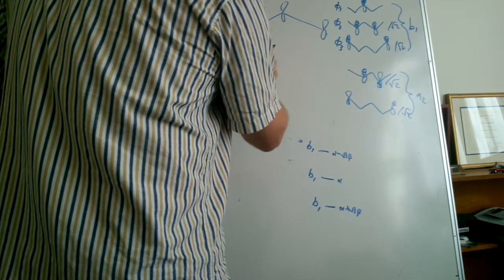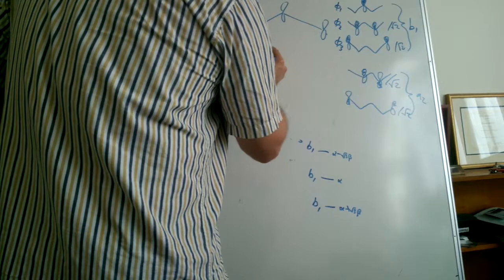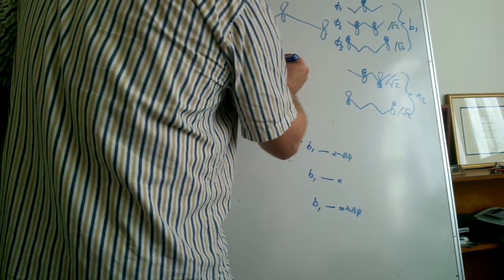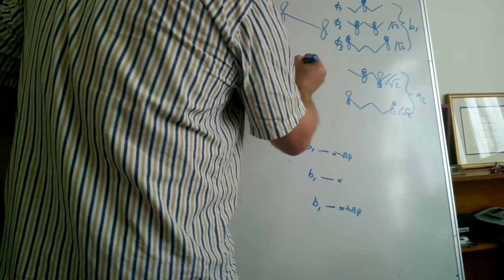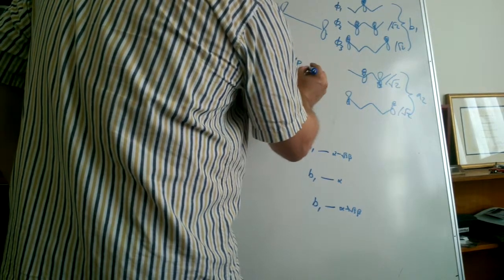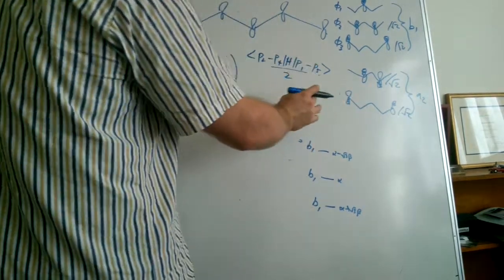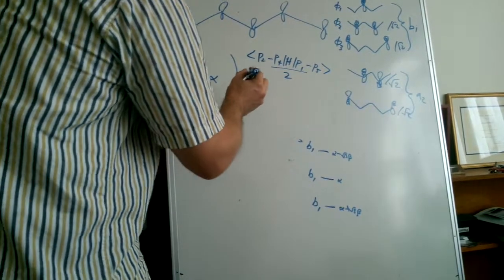So let's say the off-diagonal matrix element is going to be, so this is P2 minus P4, H, P1 minus P5, all on 2 because we had a root 2 and a root 2, they multiply together to give a 2 on the bottom.